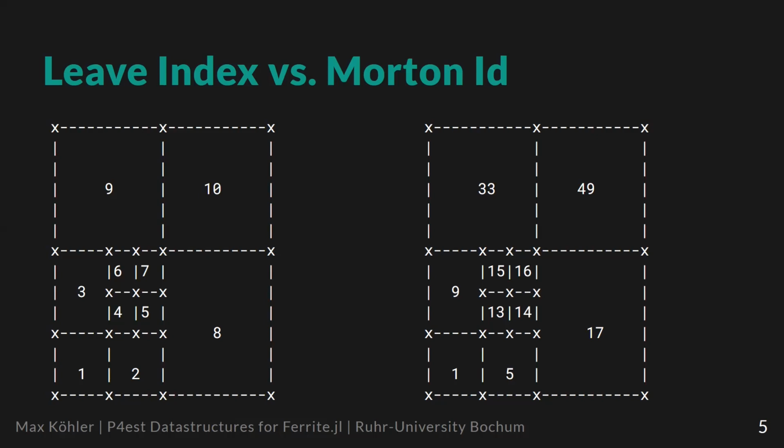So this would be the index where you find those octants in this array. But it's not the Morton ID. The Morton ID works a little bit differently. And you have to look at it on each level, basically. And here I'm querying the Morton ID on the lowest possible level. And then you see you have basically holes in there. And those holes exist due to the fact that you could split here once again into 1, 2, 3, 4, and then you would start with 5. And so this is why there is this subtle difference, so to say.